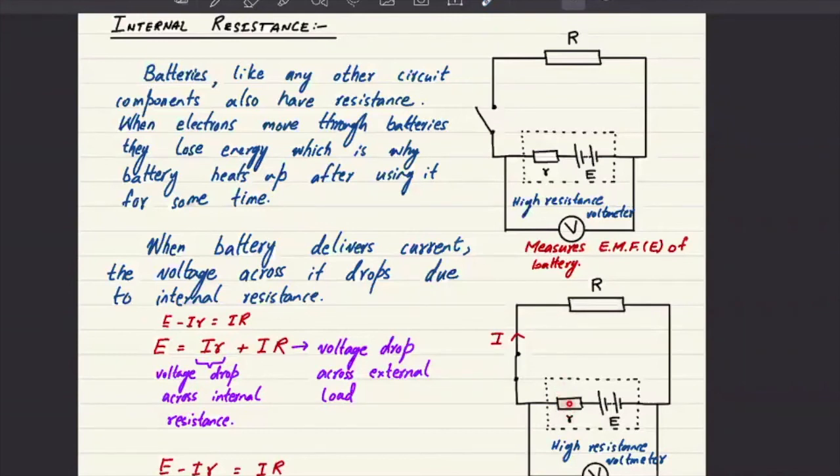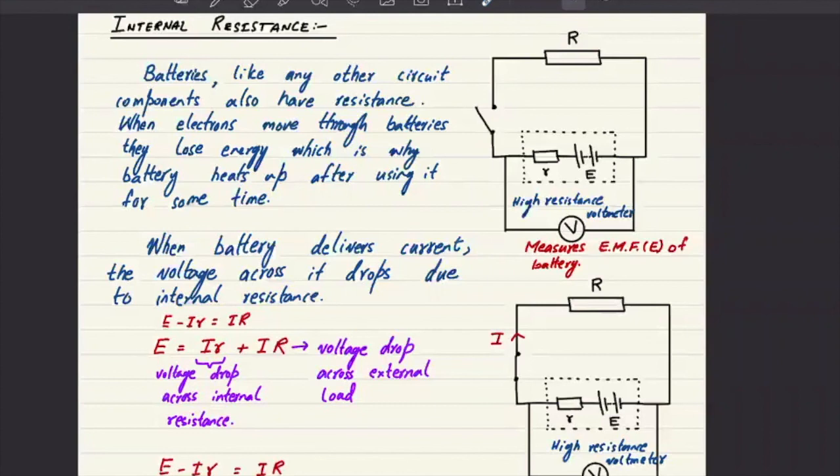E is the actual EMF of the battery, Ir is the voltage drop across the internal resistance, and after that, what appears across the external resistance is the terminal potential. So IR is the terminal potential voltage across the external resistor, I into small r is the voltage drop across the internal resistance, and E represents the EMF of the battery.